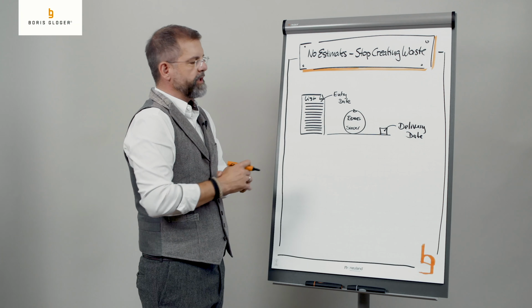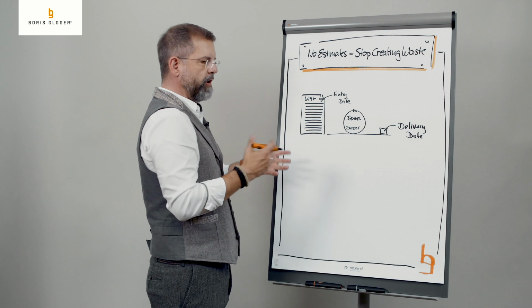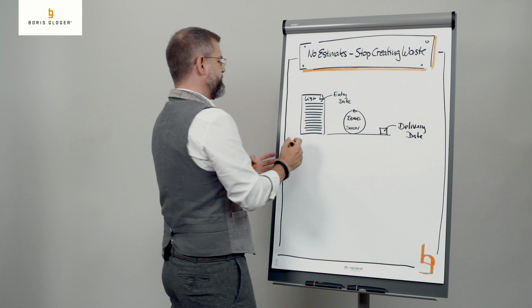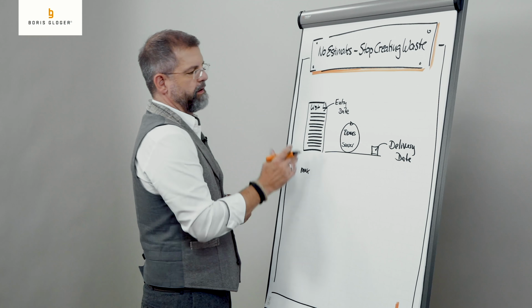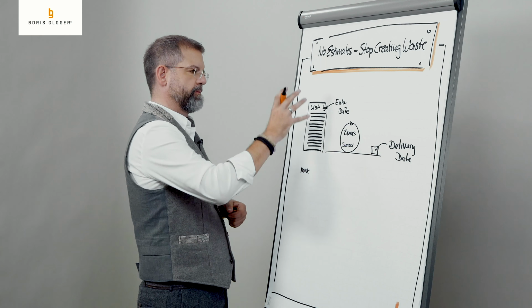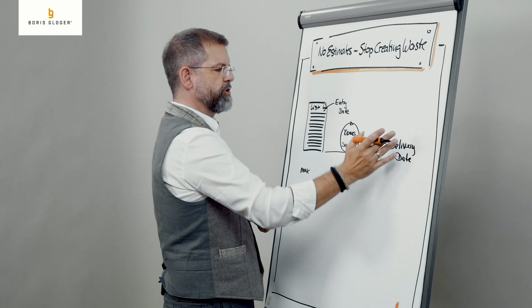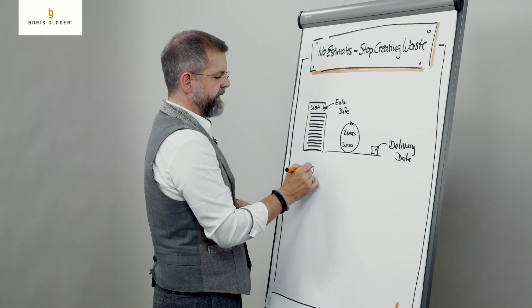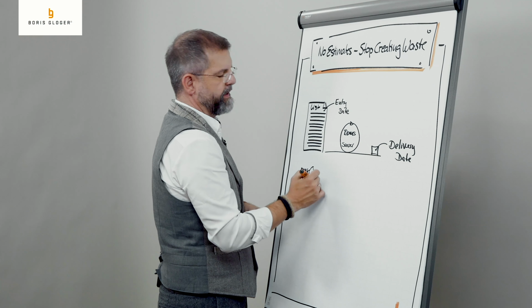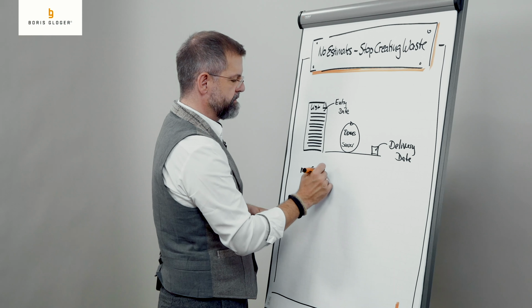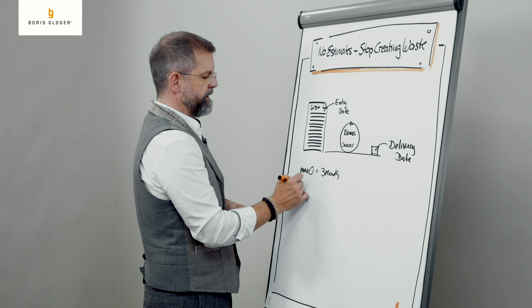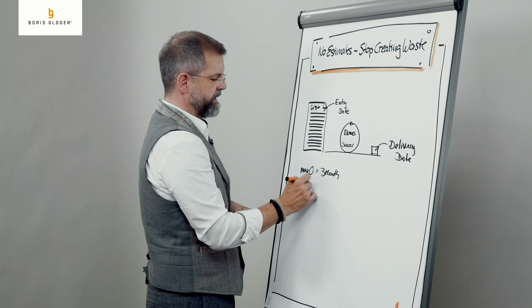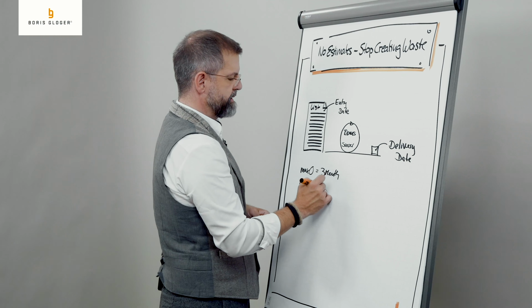Okay. What you now can also observe is you can identify the maximum cycle time, so the time from entry date to delivery date. Let's assume it's maybe 3 months. And you will identify the minimal cycle time, let's say 1 month.